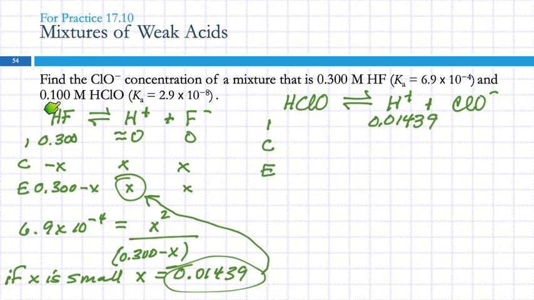The starting concentration of the acid itself was 0.100, and the hypochlorite ion is 0.